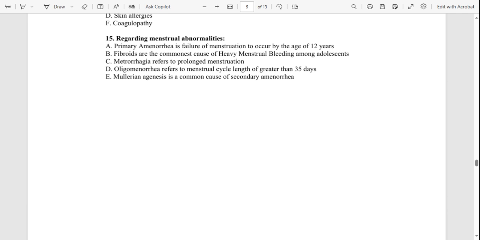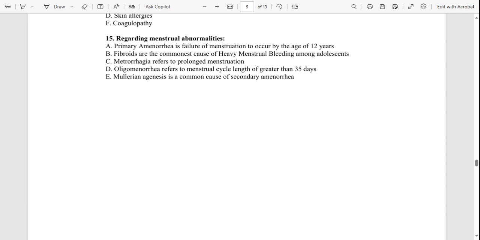So I was thinking the reason why I would not go for A is because amenorrhea can be physiological and pathological.